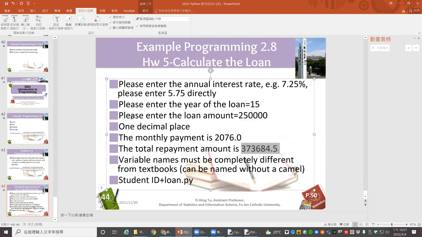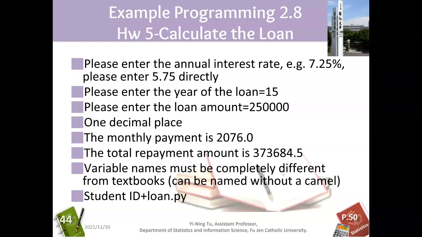The variable names have to be completely different from the textbook and different from mine. You can use yours, named without camel case. I mean, sometimes we name variables this way: if there are two words together, we capitalize the first letter of the second word.